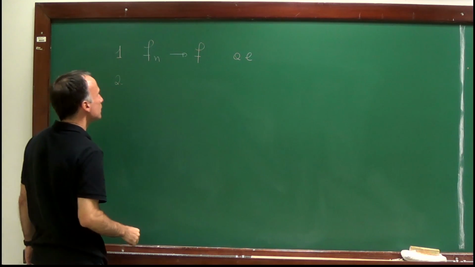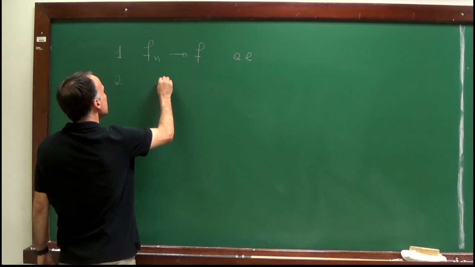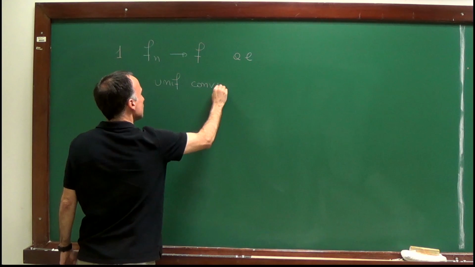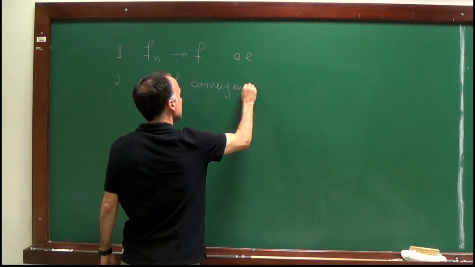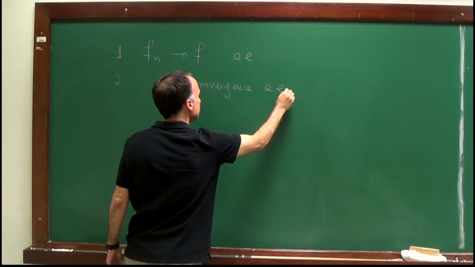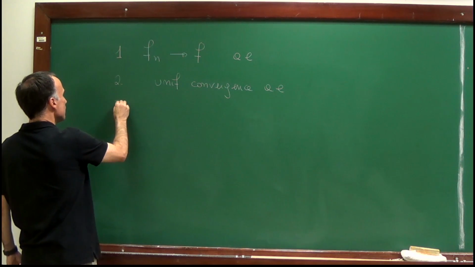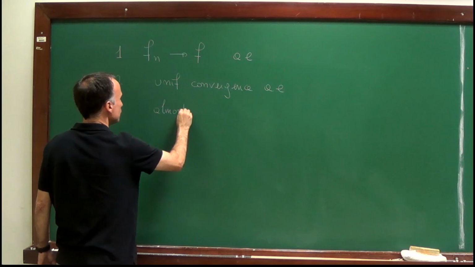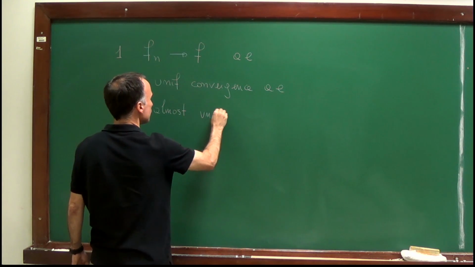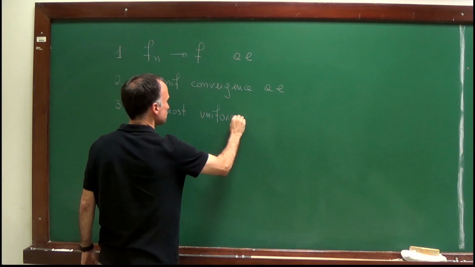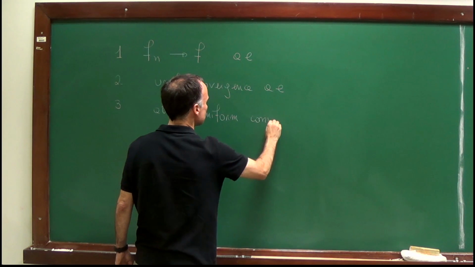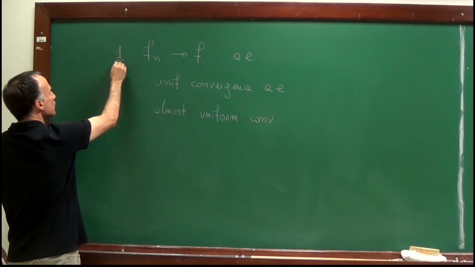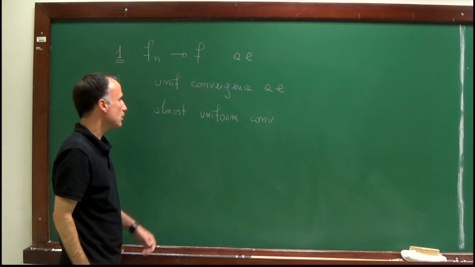Then we will be talking about uniform convergence almost everywhere. And finally, almost uniform convergence. So let's start with the first one, which is convergence almost everywhere.